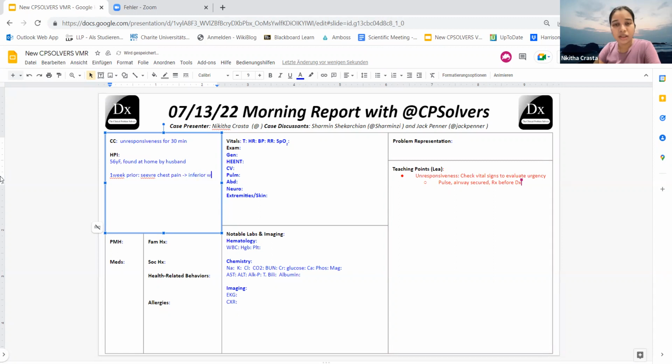For this inferior wall MI, an angiogram was done. And in that angiogram, they found that her right coronary artery had complete stenosis. Her left circumflex artery had 70% stenosis. And also her left coronary artery had 50% stenosis, for which they ended up doing a single stenting of the right coronary artery.